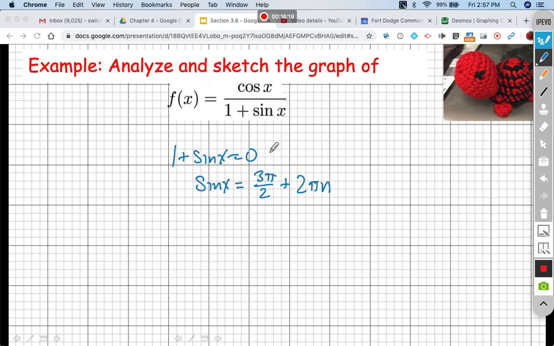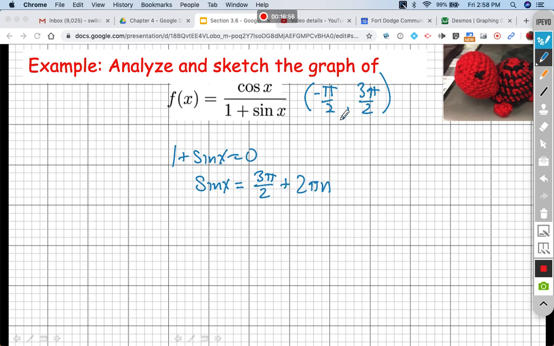And I'm going to define my 2 pi period by my asymptotes. So I am going to look at this on the interval of negative pi over 2 to 3 pi over 2. So this is going to give me one cycle of this function. And then ideally, it should just repeat because it's periodic. On this interval, it is continuous, so I don't have to worry about any asymptotes, anything funky going on there.